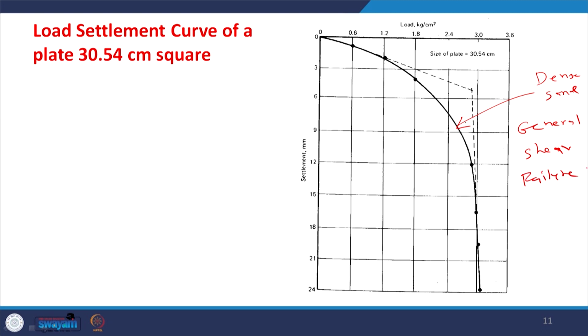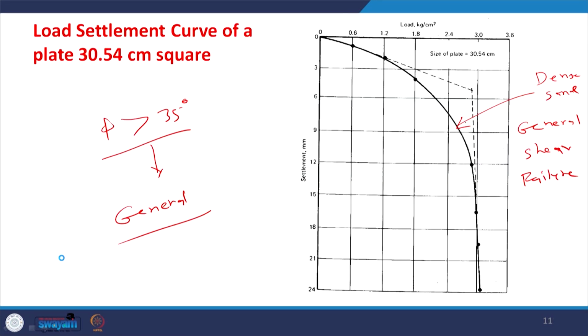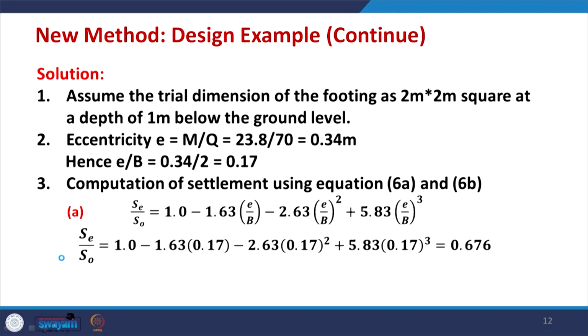Otherwise also in this example, because phi is greater than 35 degree, it will be general shear failure rather than local shear failure. So, from the given data we have said that it will be subjected to general shear failure.